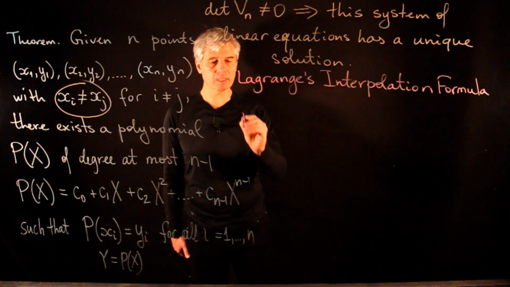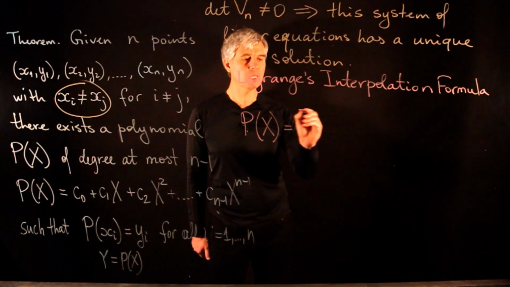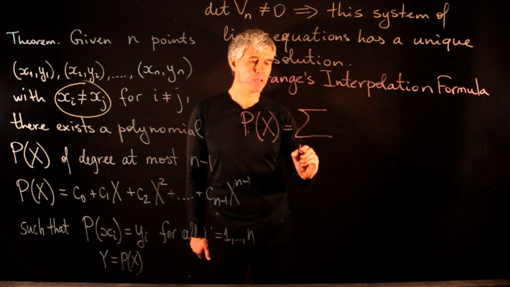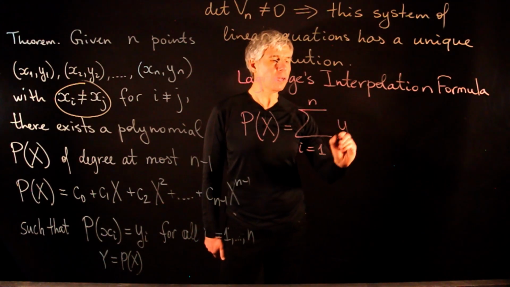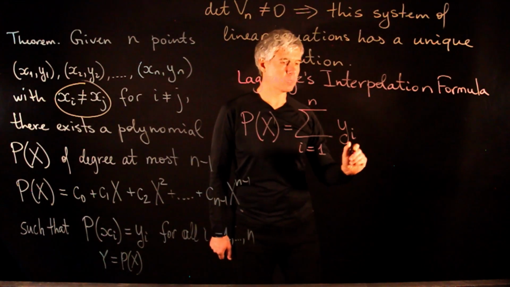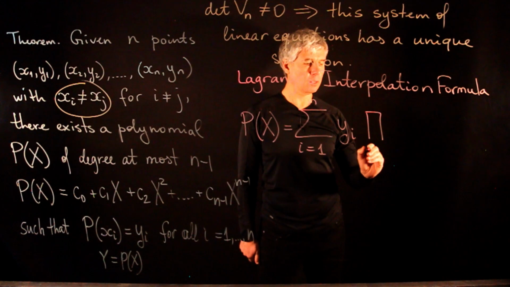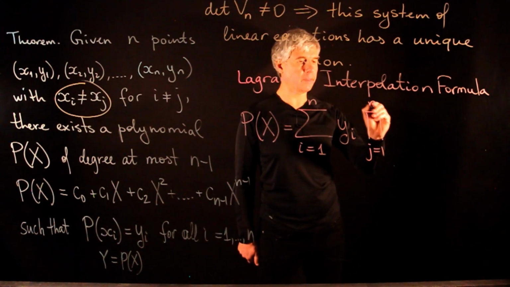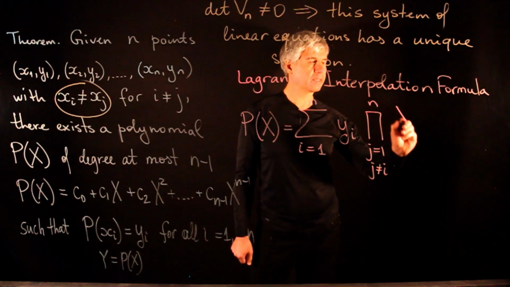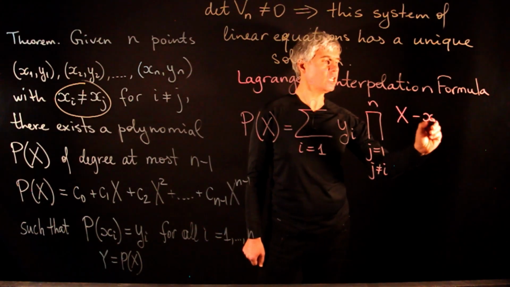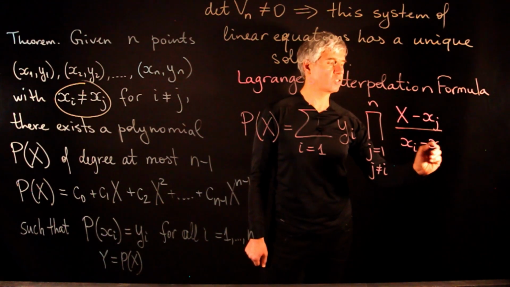So the claim is that this interpolation polynomial p of x can be written as the sum, i goes from 1 to n, of yi times the product over j goes from 1 to n, but skipping the value of i, of x minus xj over xi minus xj.